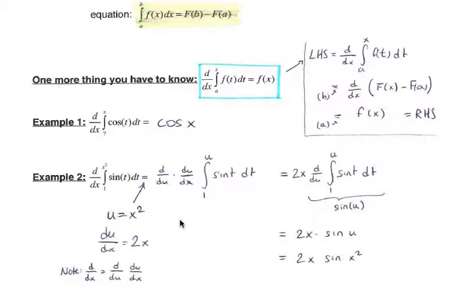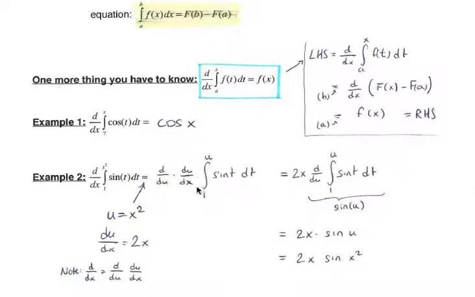In example 2, it's different because even though I have a constant here at the bottom, which is great, I have x squared up here. And x squared is not okay, I really need x. So what I have to do is to make a change of variable, and of course I'm going to set up u equals x squared. So the first effect is that I have u up here now.